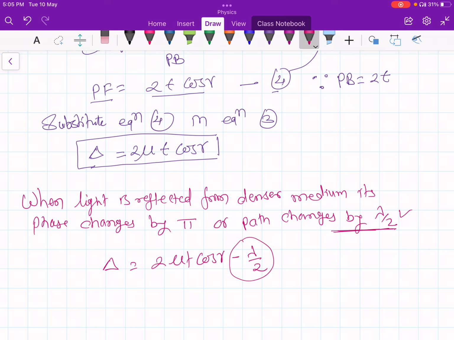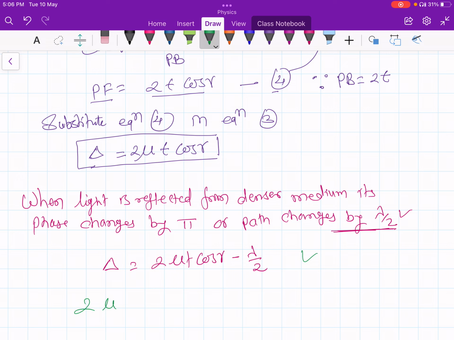This is due to reflection of the first ray BR from the denser medium, and that's why we have subtracted that lambda by 2 over there. So this is the resultant path difference between the rays BR and DR1.